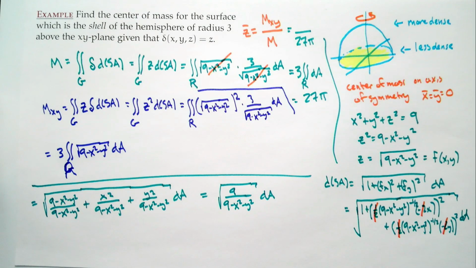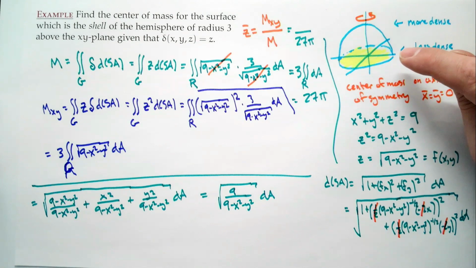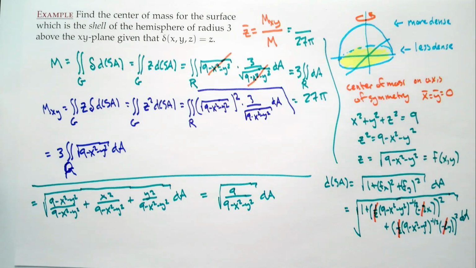We're integrating over our region the square root of 9 minus x squared minus y squared. Well, what is that? You're integrating over your region what is currently being called z, which is the height. So I can interpret this integral geometrically as being the volume. It's the volume of the hemisphere. So I can use the fact that I know volumes of spheres to save myself work.